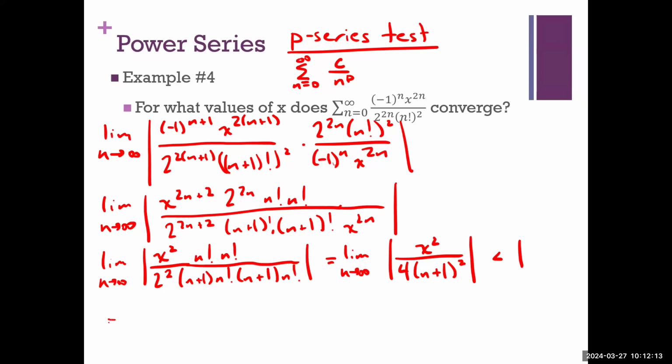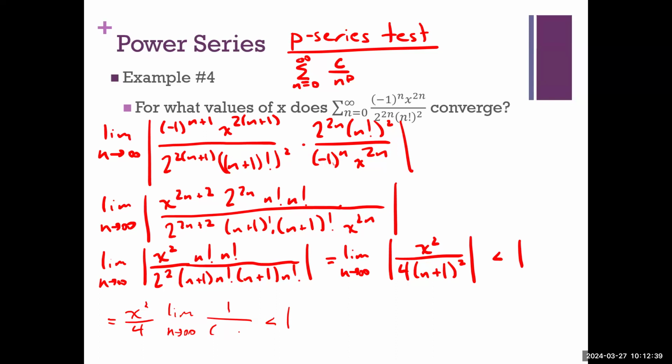I can pull out the x squared, and since it's squared, I'm going to take the absolute value off. I know that n will never be negative, so I'm just going to treat it like this: the limit as n approaches infinity of 1 over (n plus 1) squared. And I want to keep that less than 1.